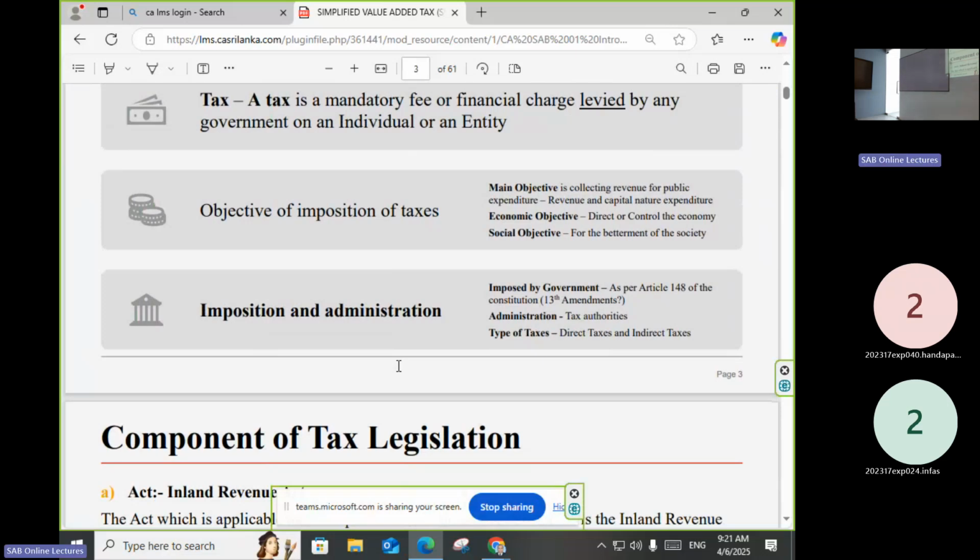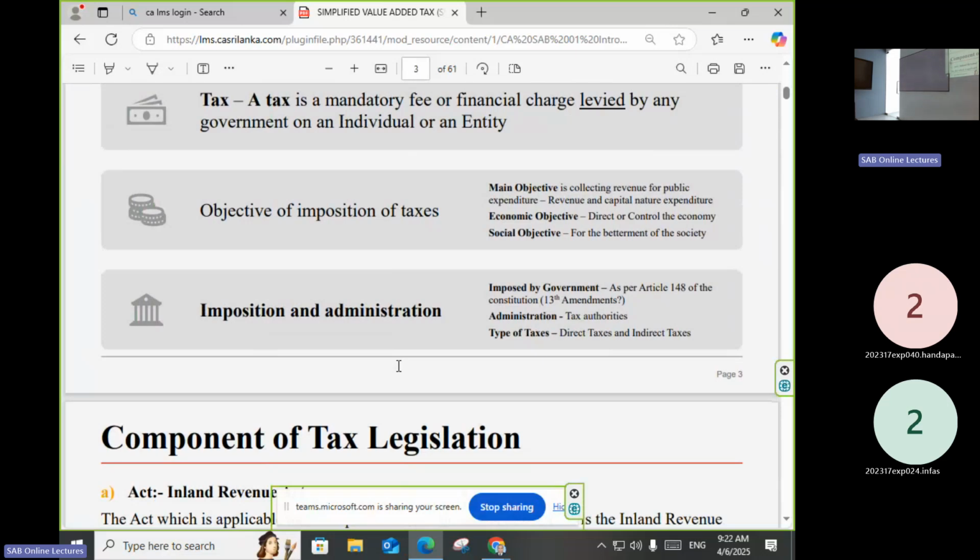Income tax, SSCL, personal income tax, customs duty, service based tax, NBT, stamp duty. Next one, excise duty.